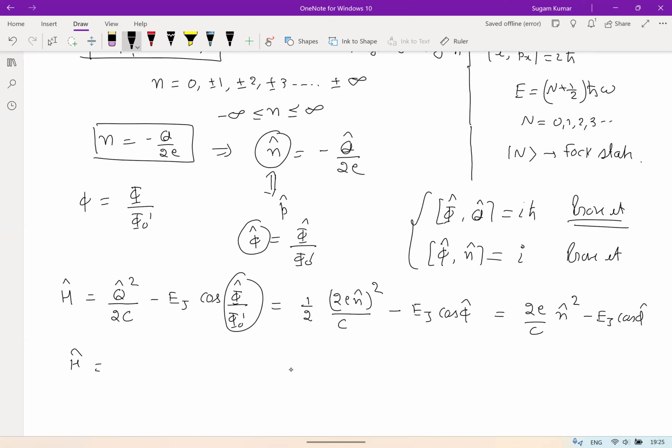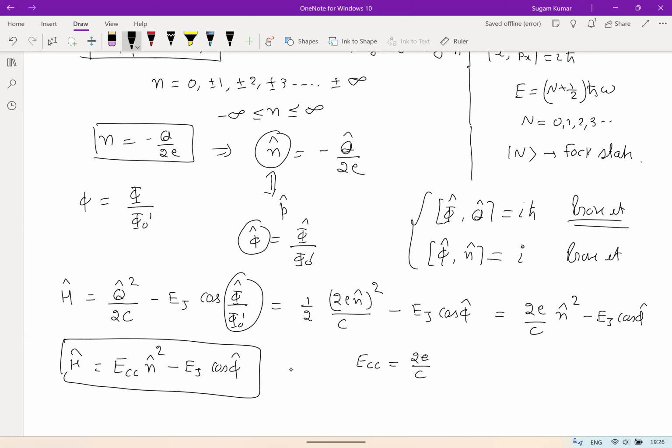And this I can also write as ECC into n cap square minus EJ into cos phi. Now see here, this ECC is equal to twice e upon C. And you see, you have another equation called EC.